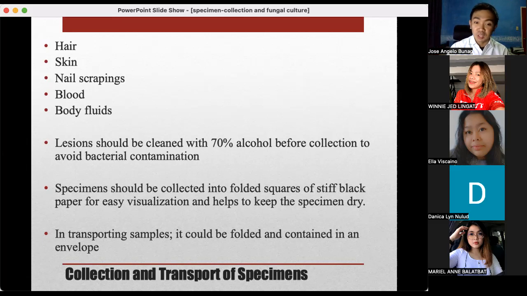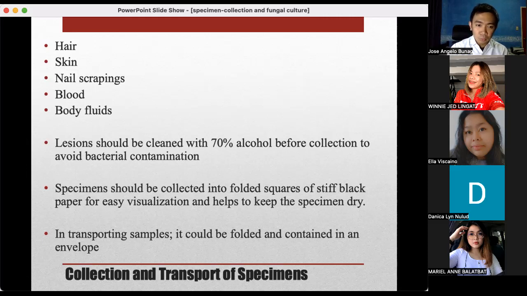And you could also use your blood culture bottles. You just need to incubate that at 30 or 35 degrees Celsius if you are unsure whether it is a yeast or mold. And we collect blood culture in 2 to 3 sites. So basically, you could utilize that.